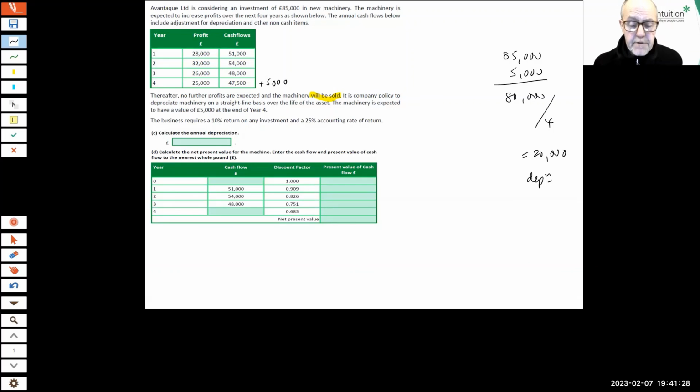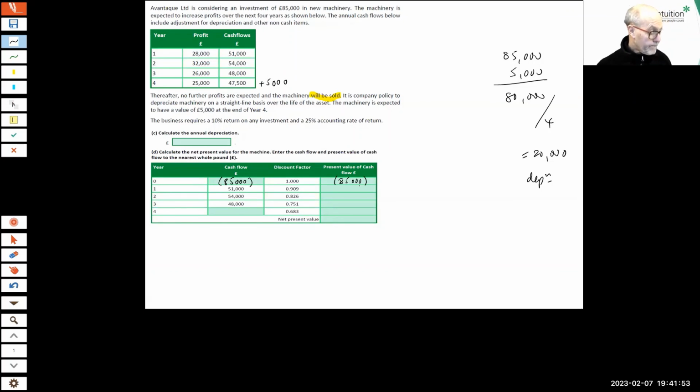We require a 10% return on investment and a 25% accounting rate of return. So let's do our cash flows. Out goes 85,000. Okay.